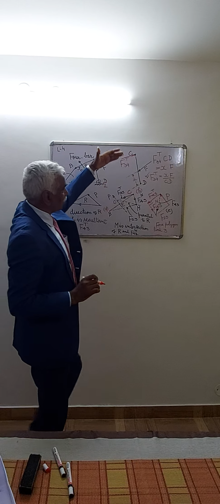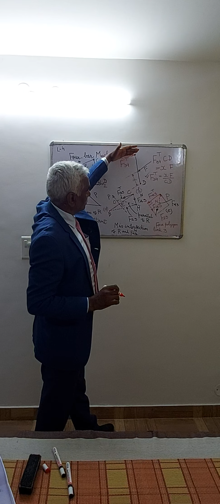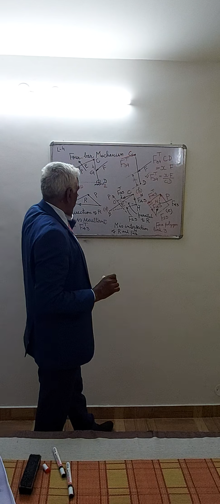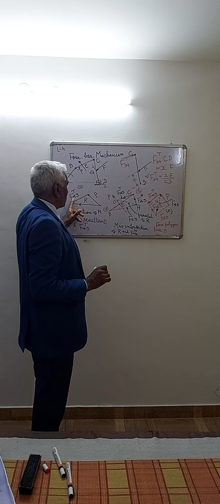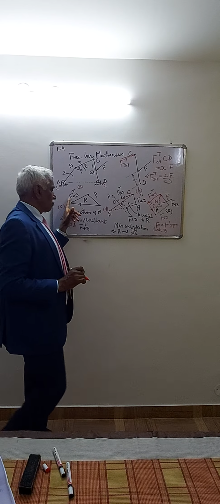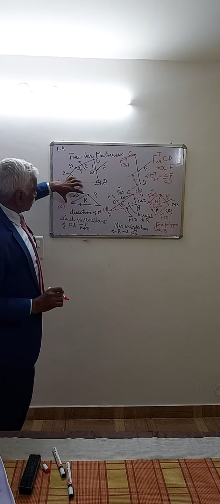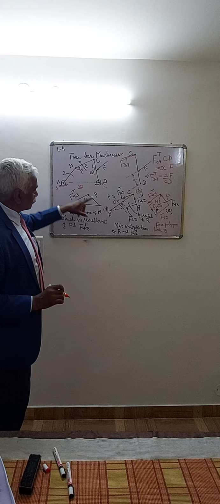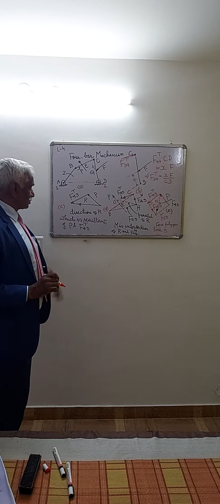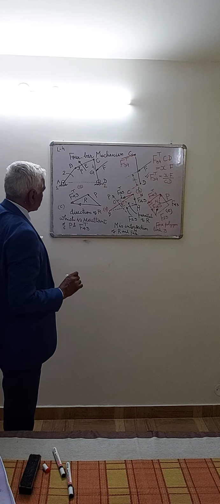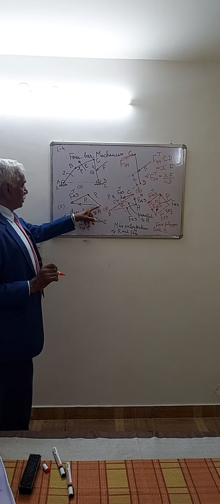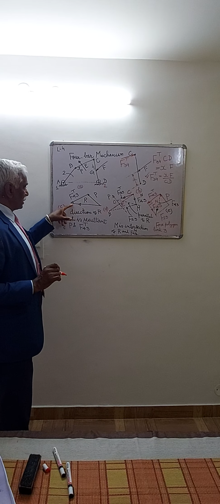F43T will be parallel and in the opposite direction to that of F34T. So F43T will be equal and opposite to that force. So this force can be drawn in direction and magnitude. So their resultant is R. Join this end with this end.